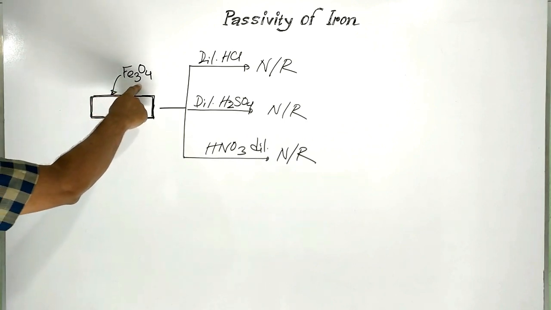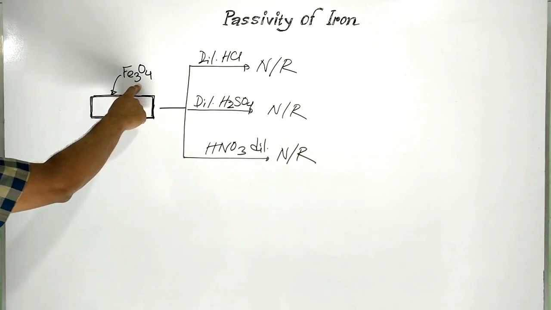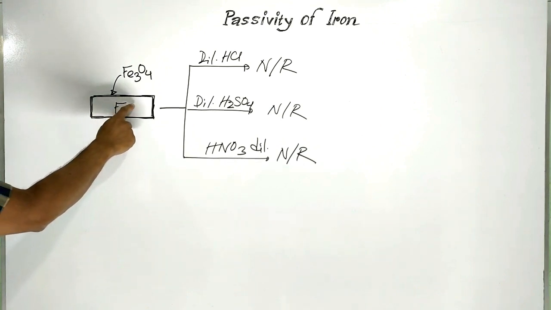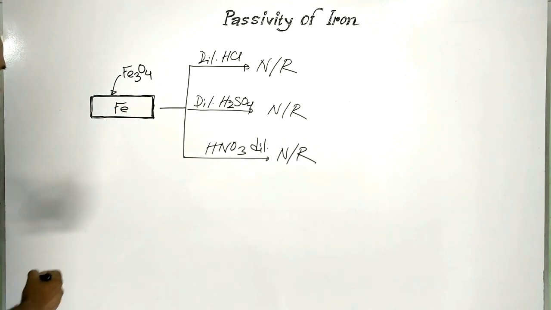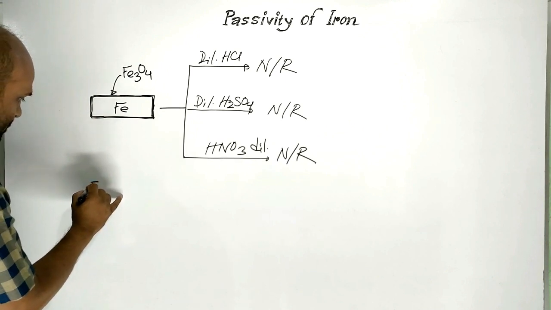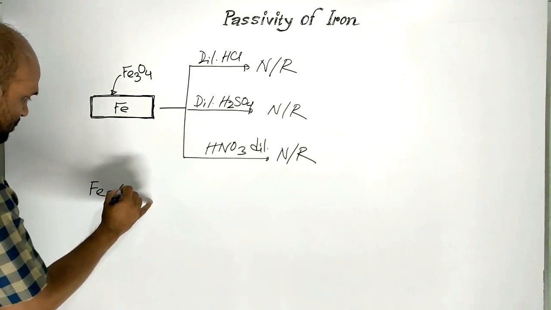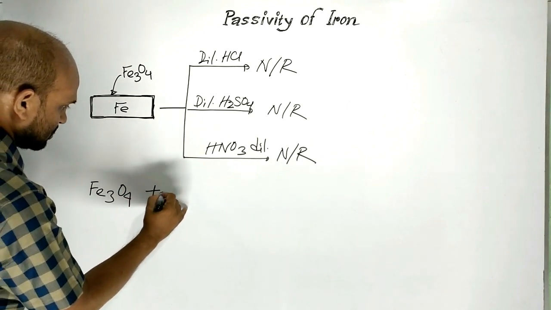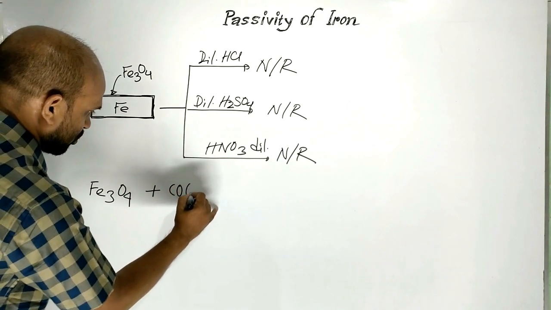Once this ferrosulfuric oxide is removed from the surface of iron, then this iron will be reactive again, and it is done in this way. Ferrosulfuric oxide is treated with carbon monoxide gas.